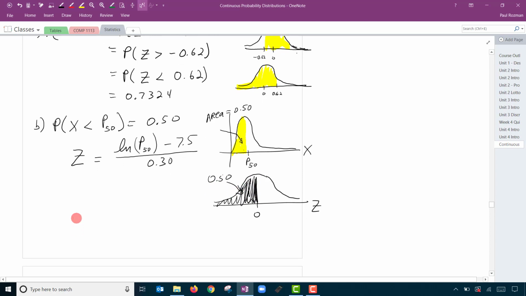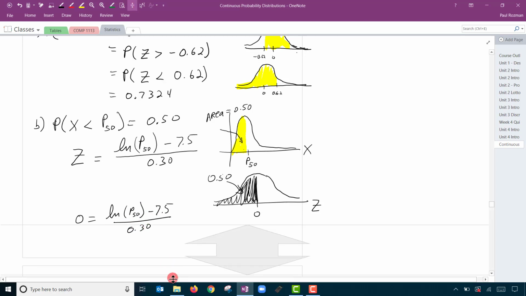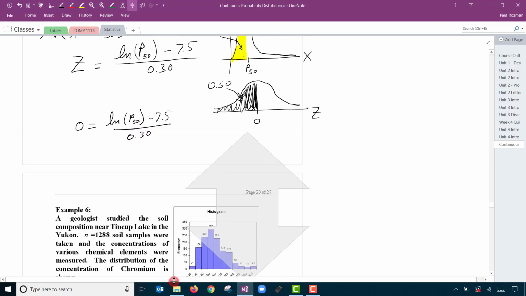So our z-score that corresponds with this is 0, so we just say 0 equals the natural log of the 50th percentile minus 7.5 over 0.3.